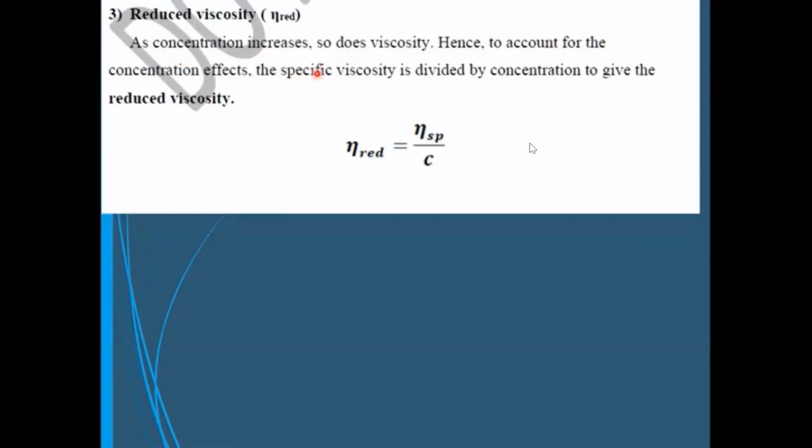Now, we have many concentrations. We will prepare about 5 solutions with different concentrations. So reduced viscosity equals specific viscosity to concentration of the polymer solution.